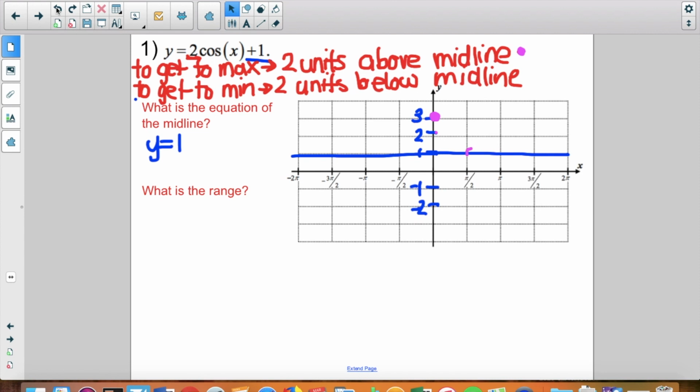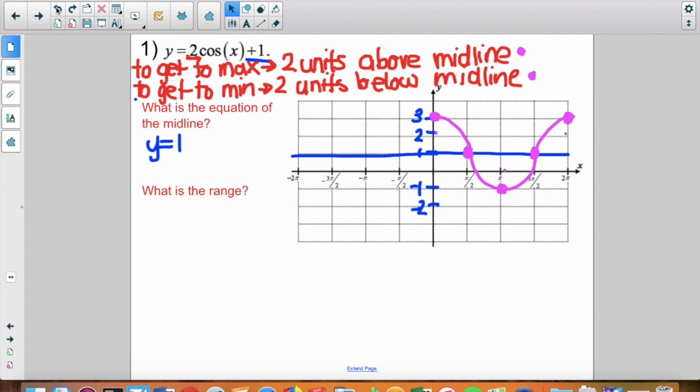And then we go to the midline. And then we go to our minimum. So 2 units below the midline. So 1, 2. Then we go back to our midline. Then we go 2 units above. 1, 2. And this is one cycle of our cosine graph.